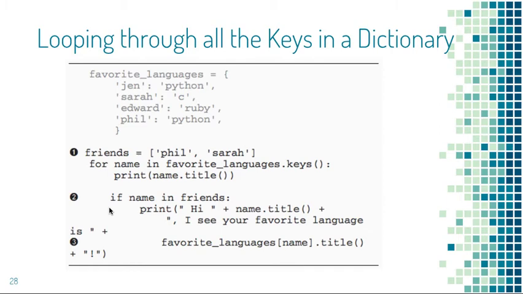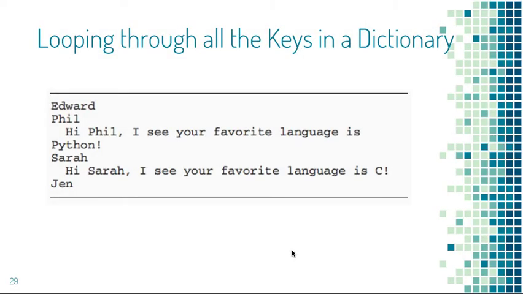To access the favorite language at 3, we use the name of the dictionary and the current value of name as the key. Everyone's name is printed, but our friends receive a special message. Remember, it's not necessarily going through the dictionary in any specific order.